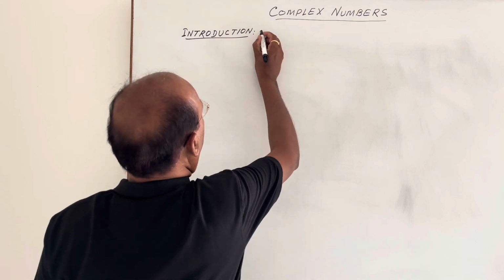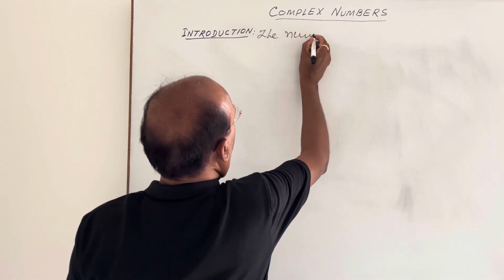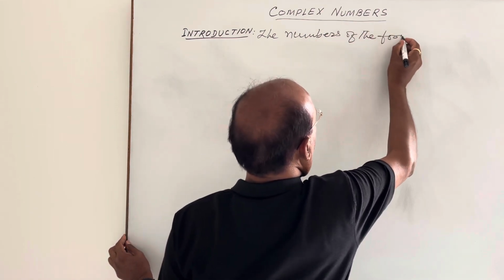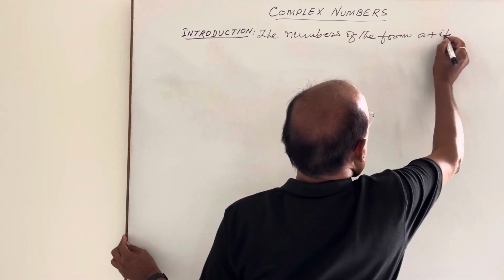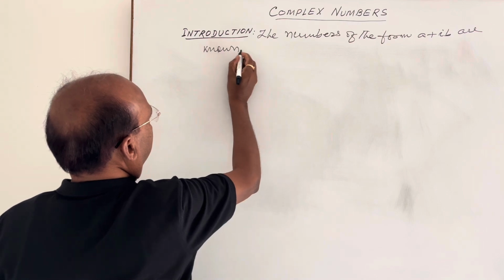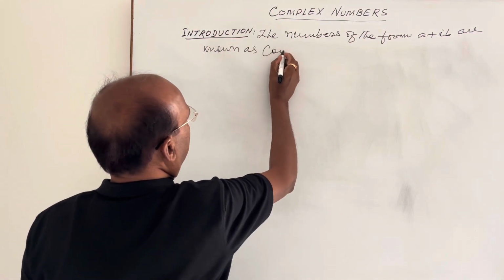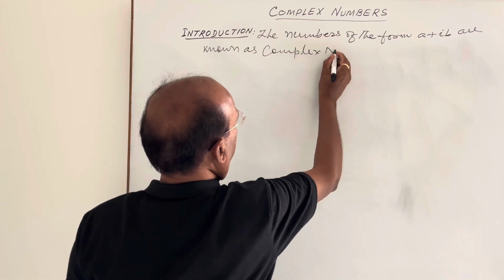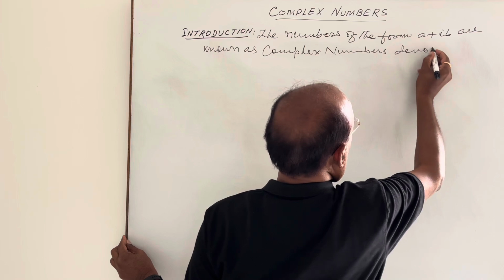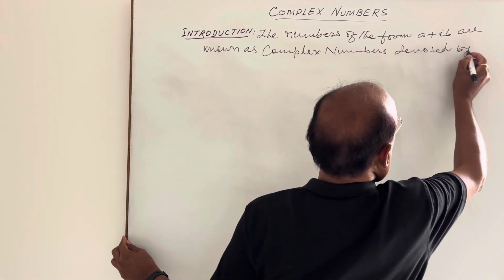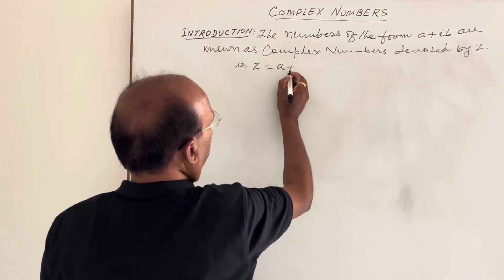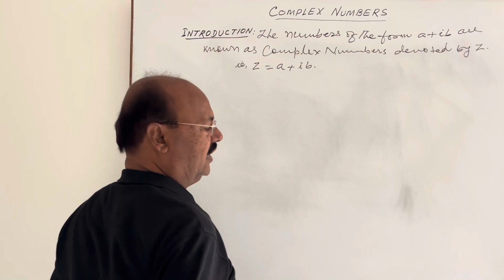The numbers of the form a plus ib are known as complex numbers, denoted by Z. So here we can write Z is equal to a plus ib, correct?